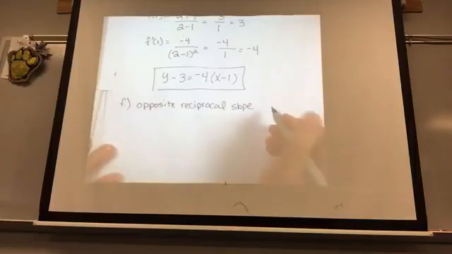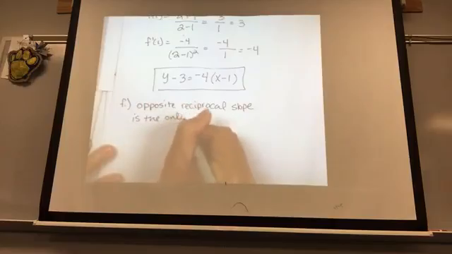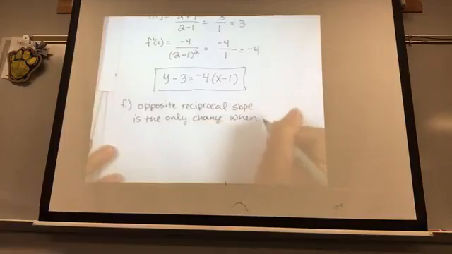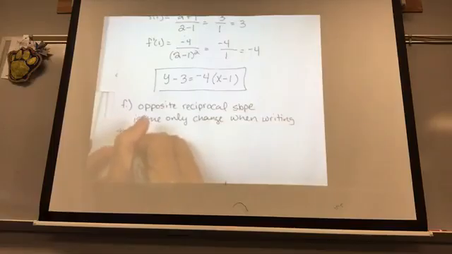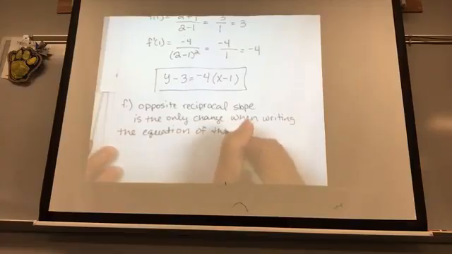So opposite reciprocal slope is the only change when writing the equation of the normal line.